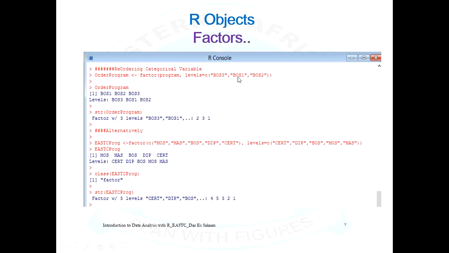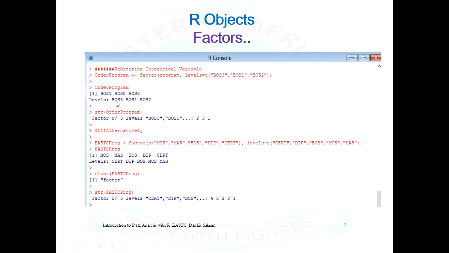It means by writing it in this way, box 3 will take a value 1, box 1 number 2, and box 2 number 3. Now if you execute this command and call your object, you will have box 1, box 2, box 3 as usual.